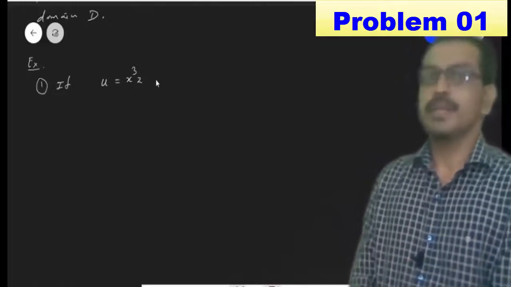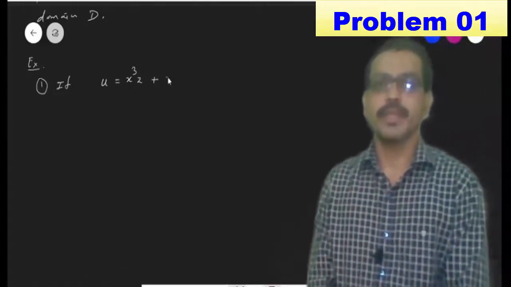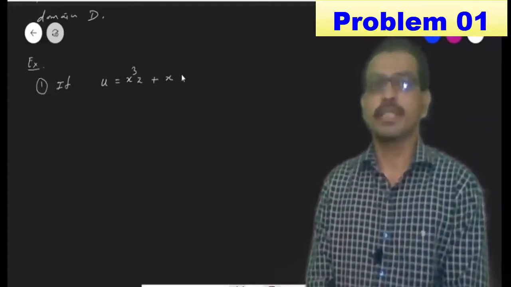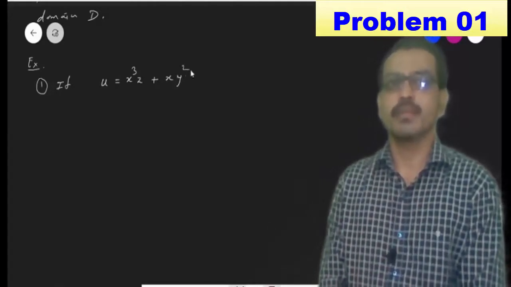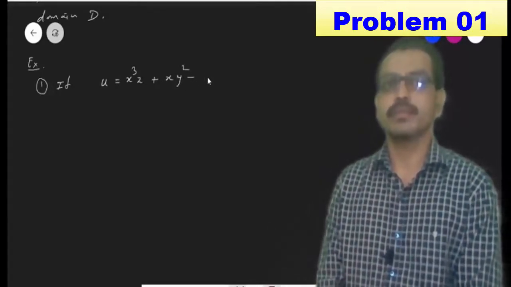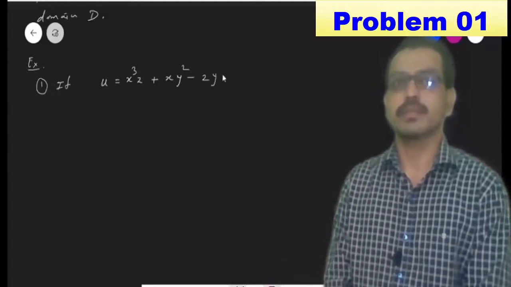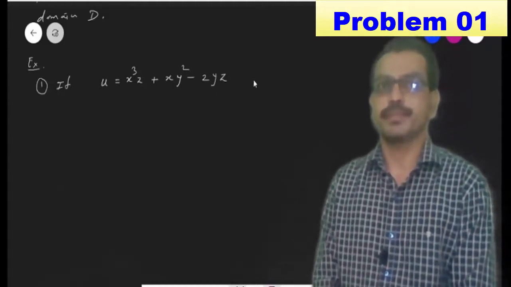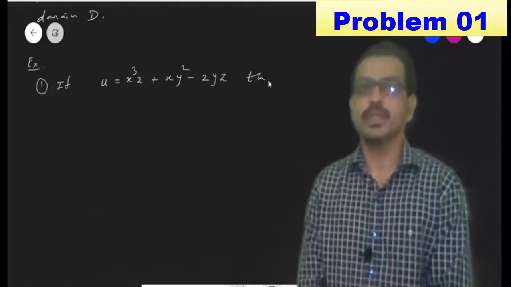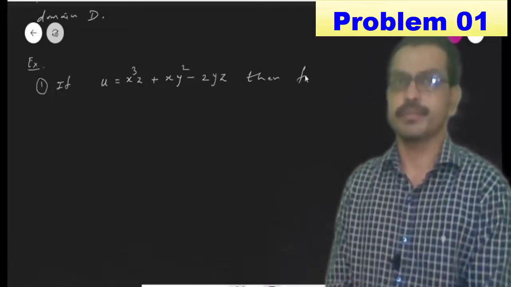See the example first. If u is equal to x cube z plus x y square minus 2yz, here u is a function of x, y and z.